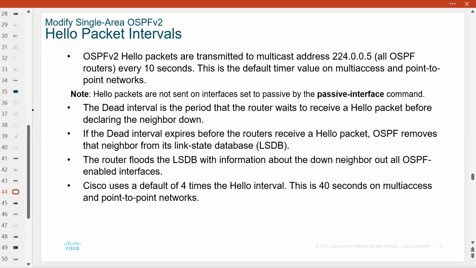The dead interval is the period that the router waits to receive a hello packet before declaring a neighbor down. If the dead interval expires before the router receives a hello packet, OSPF removes that neighbor from the LSDB. Cisco uses a default of 4 times the hello interval. This is 40 seconds on multi-access and point-to-point networks.